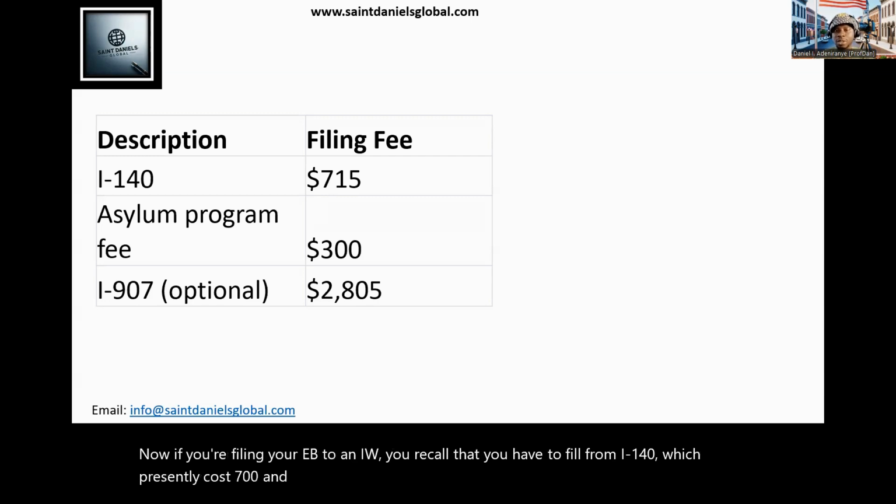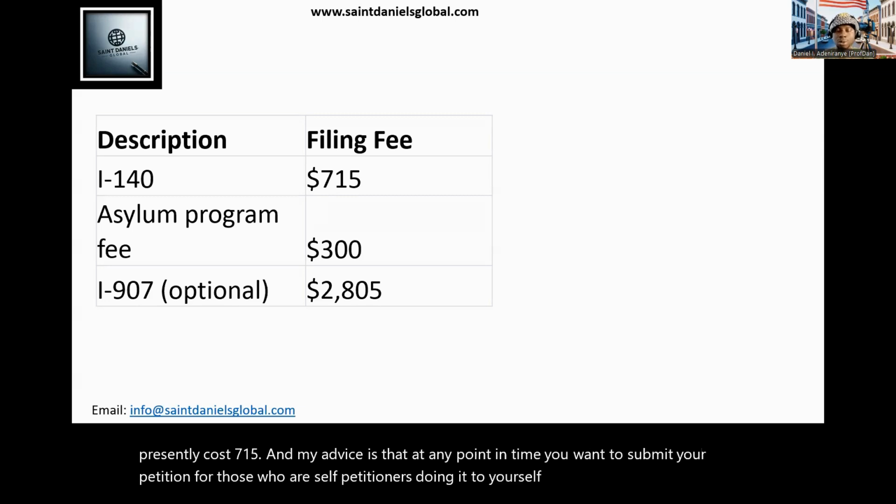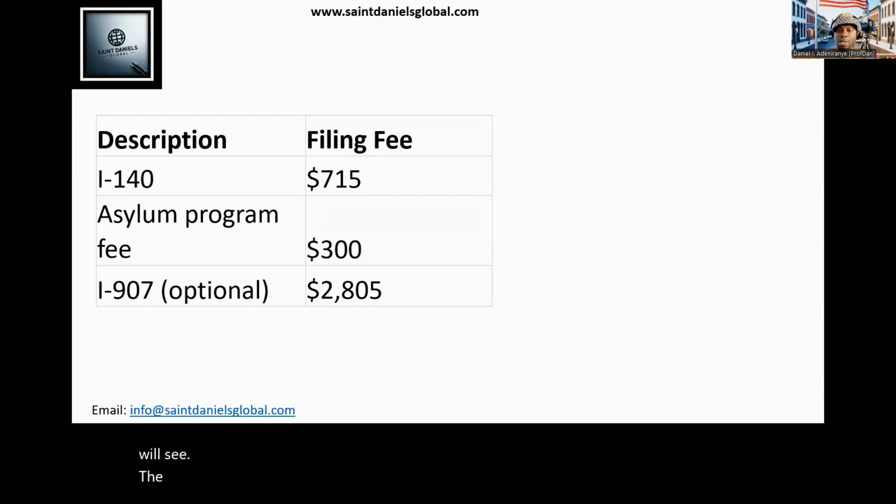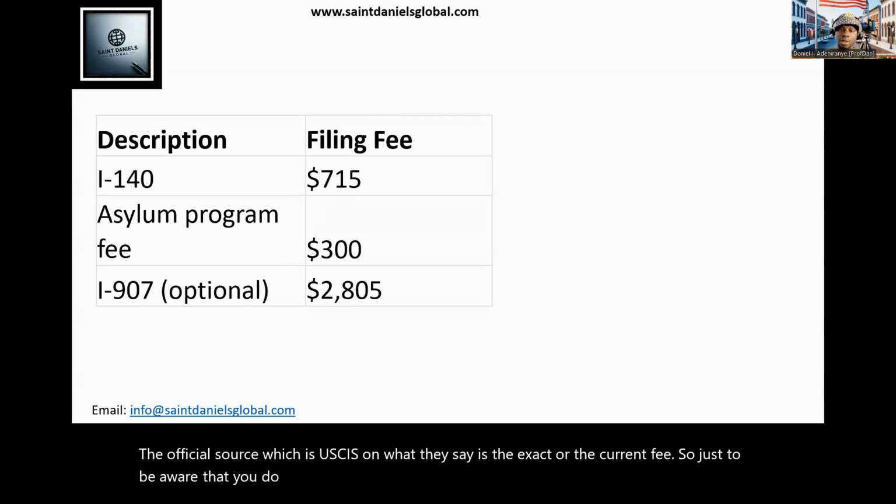And my advice is that at any point you want to submit your petition, for those who are self-petitioners doing it yourself, ensure you Google USCIS fees, and you will see the official source, which is USCIS, on what they say is the exact or the current fee. So just be aware that you do not make any mistake, because this has caused many people's petitions to be rejected and returned back to them.